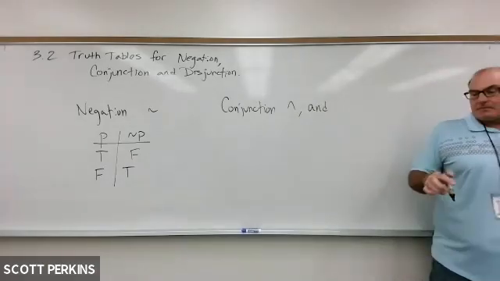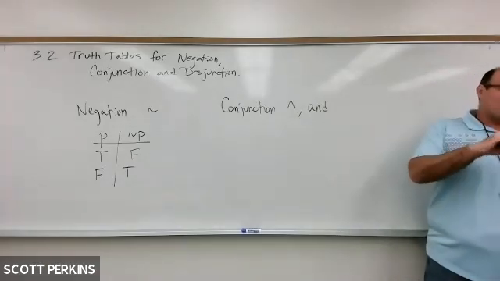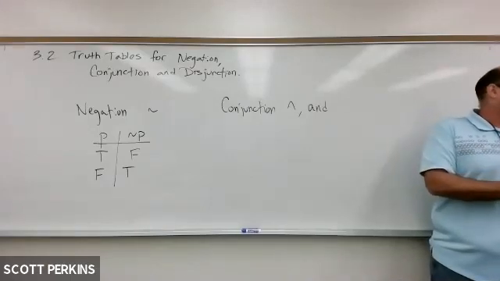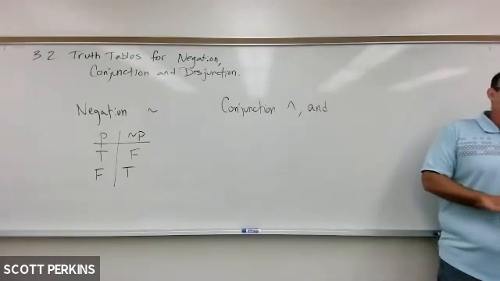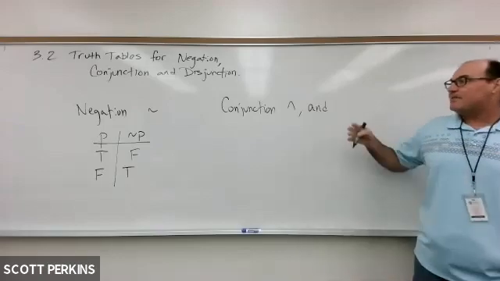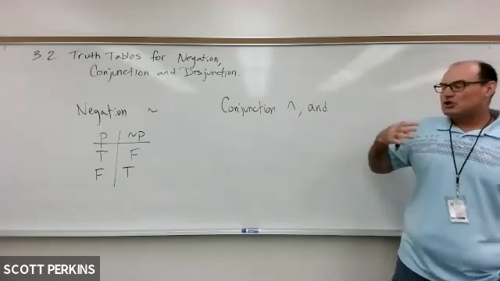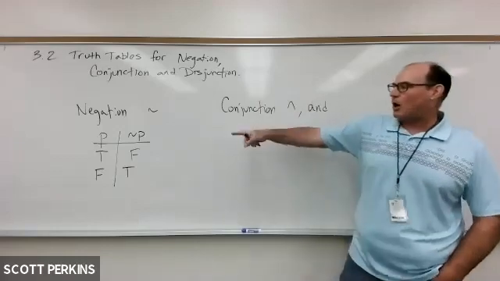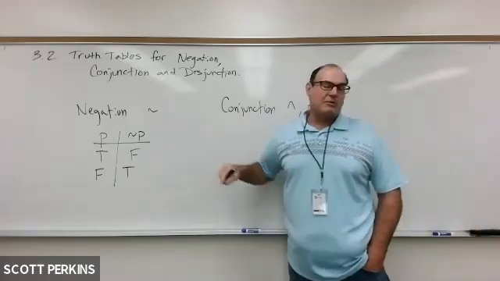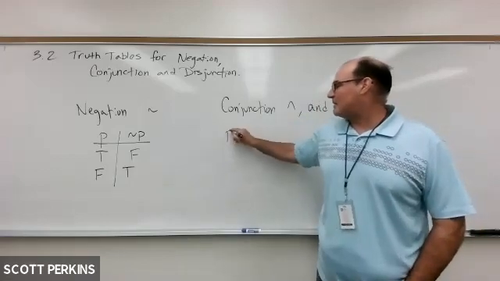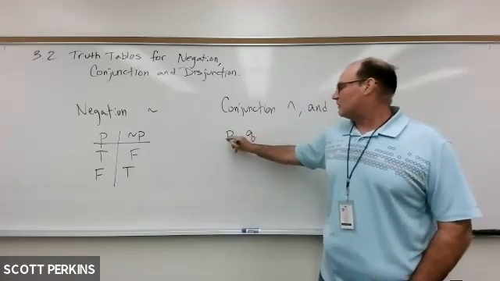I did mention sometimes in your book's problems, you'll see "but" and "however" are also used to denote the conjunction. Now, the thing about the conjunction and also the disjunction when we get there is they represent two simple statements. So our truth table is going to be a little bit different. I need to have a statement P and I need to have a statement Q.